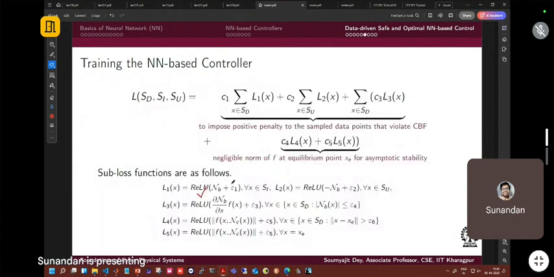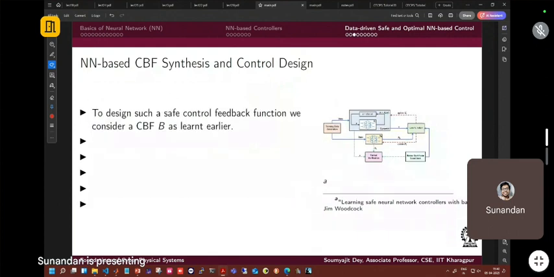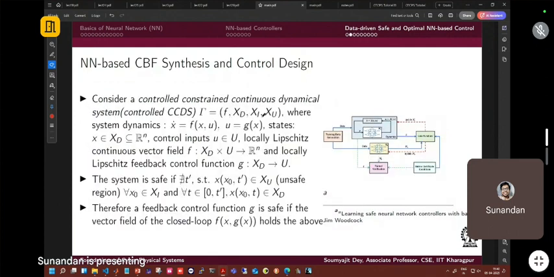L1 is the part with SD and SU. This part is basically imposing a positive penalty on the sample data points that violate the CBF. How is L1 defined? For all X in SI, such control inputs. What is XI?